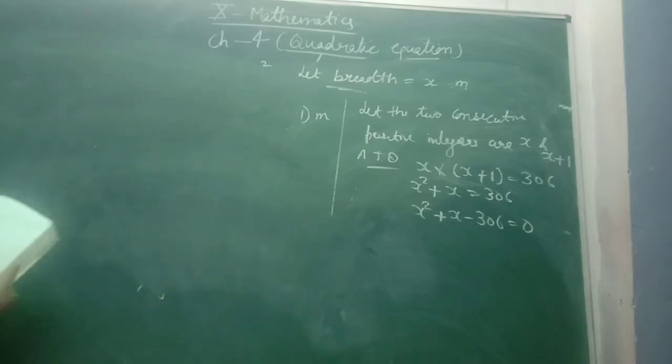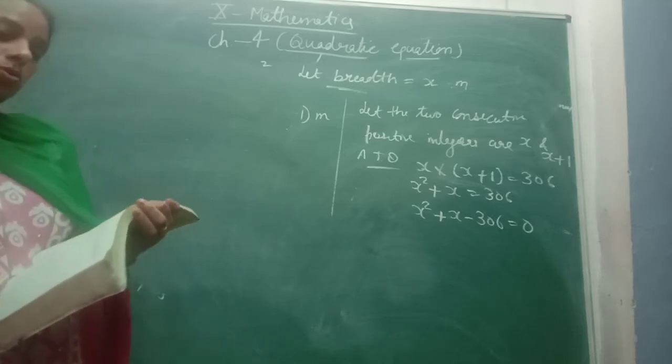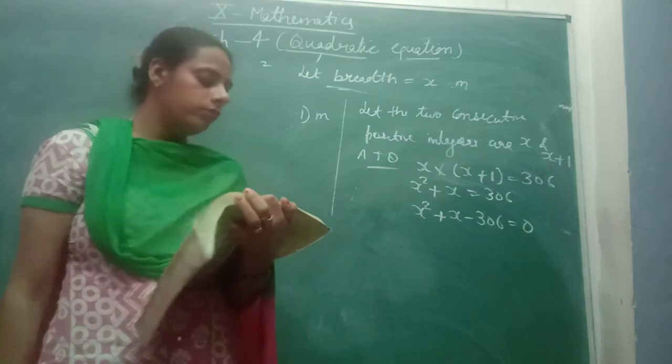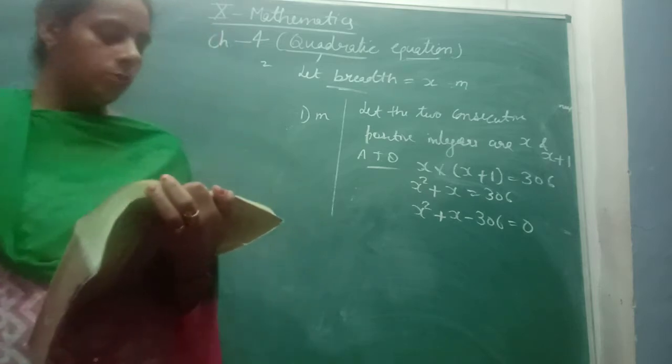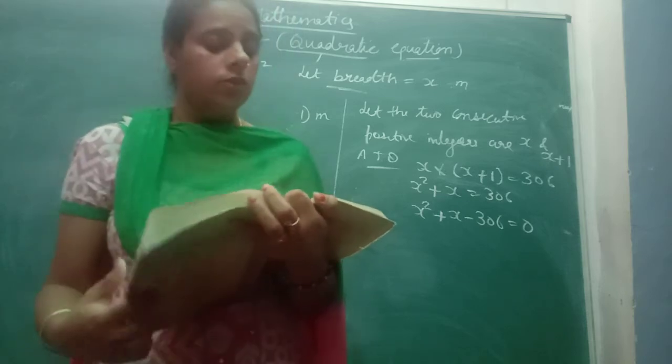Now come to the next part. Rohan's mother is 26 years older than him. रोहन की माता उससे 26 साल बड़ी हैं. The product of their ages 3 years from now, मतलब आज से 3 साल बाद उनकी एज का प्रोडक्ट 360 होगा.